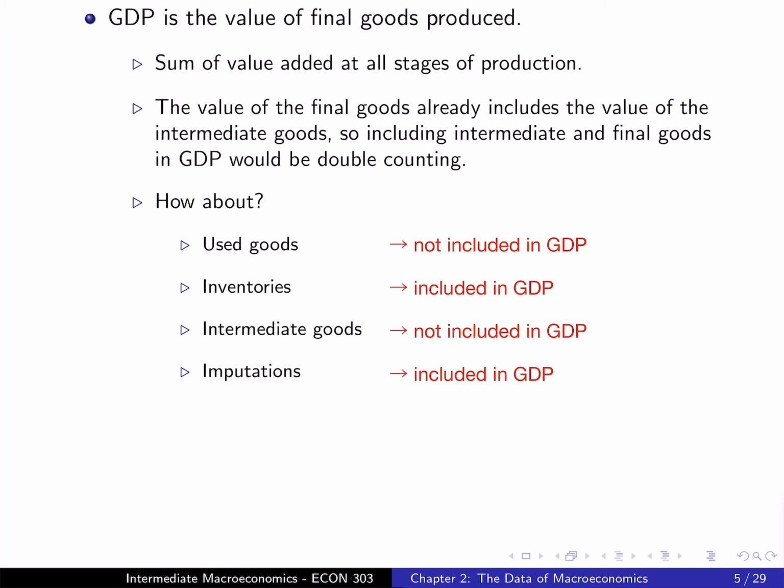No, unless we're using the value-added method, which avoids double counting. Imputations? Yes. For example, the estimated rental value of owner-occupied housing is included to reflect the service provided. Understanding what's included and excluded ensures that GDP reflects true economic output without overstating it.